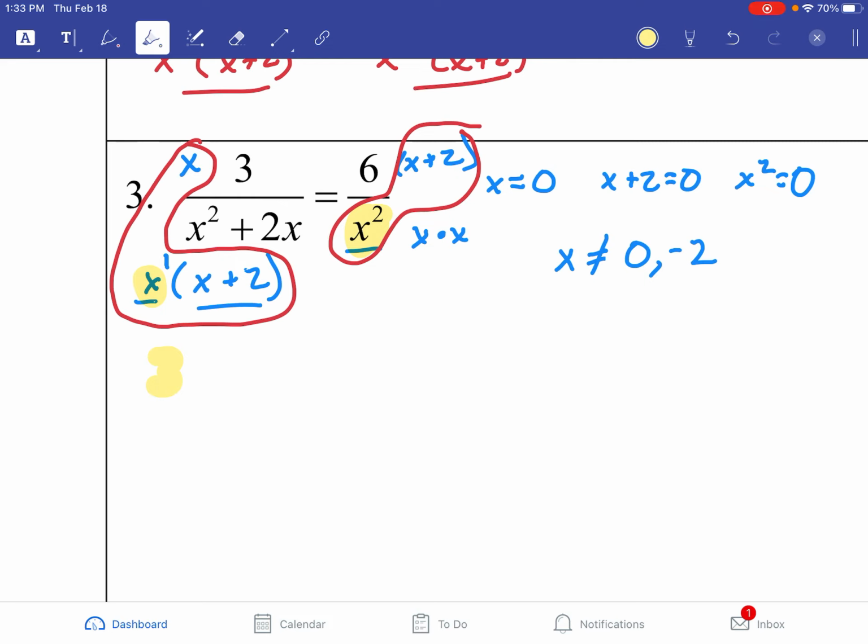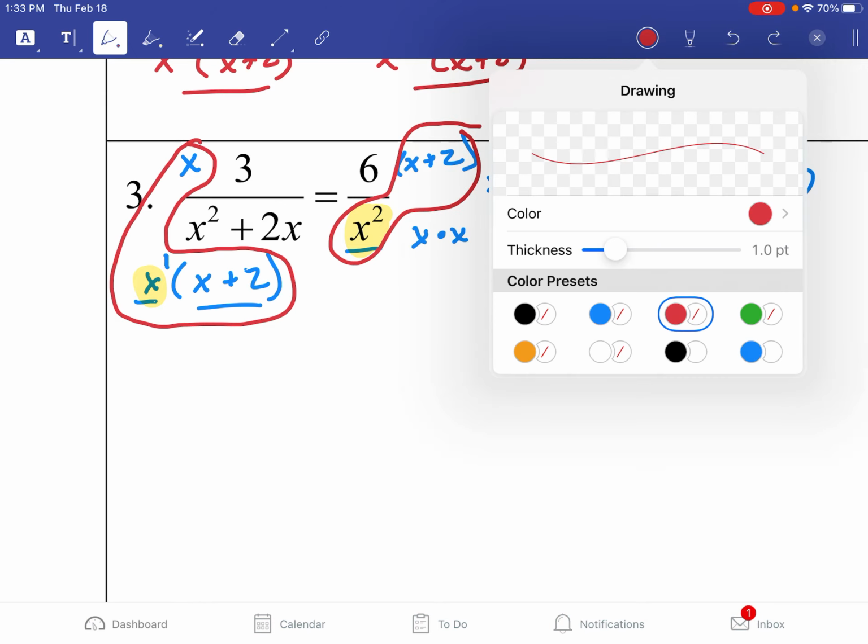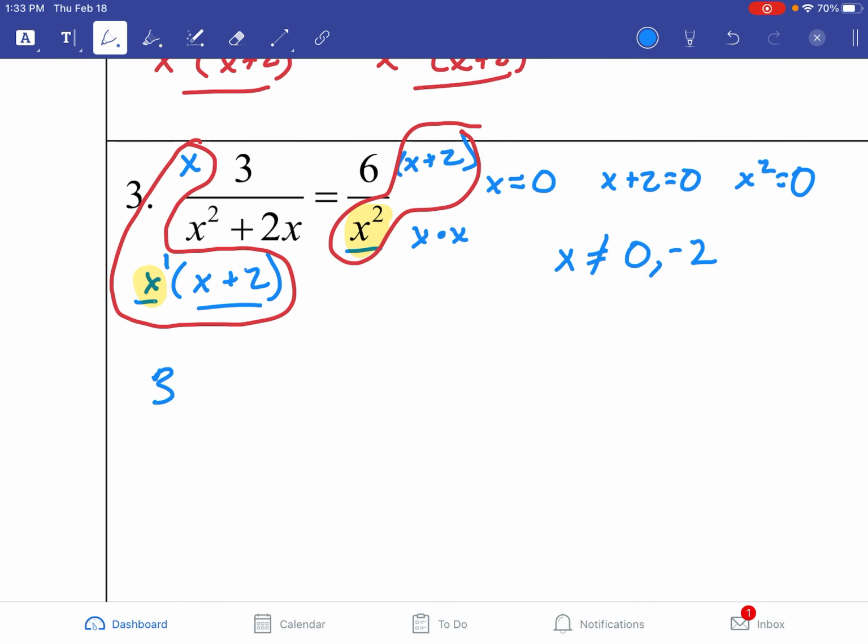We're multiplying 3 times x. 3 times the charm equals 6 times x plus 2. We have to distribute the 6 to the x plus 2, so we have 6x plus 12.